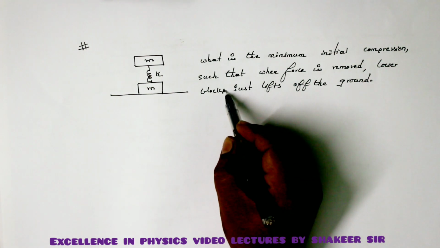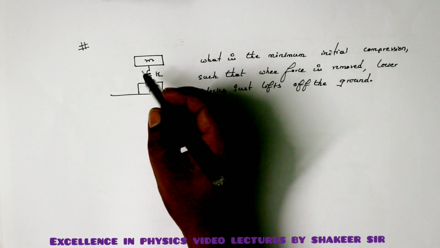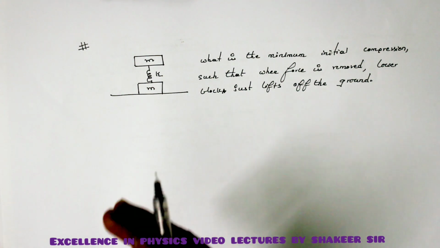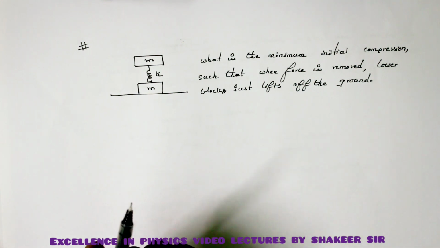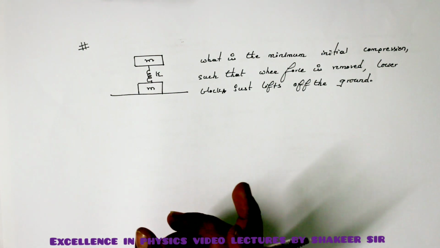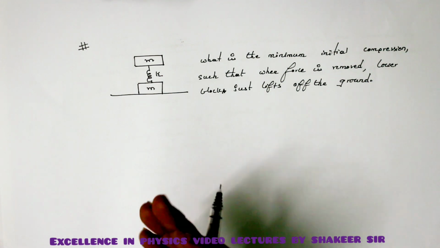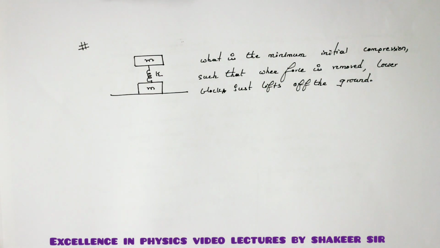That is the question. By applying some force, I am compressing this spring from the relaxed position, and that is when the forces are in equilibrium. And if I remove this force, we know that this block m tends to move upwards, and the spring will again tend to elongate.